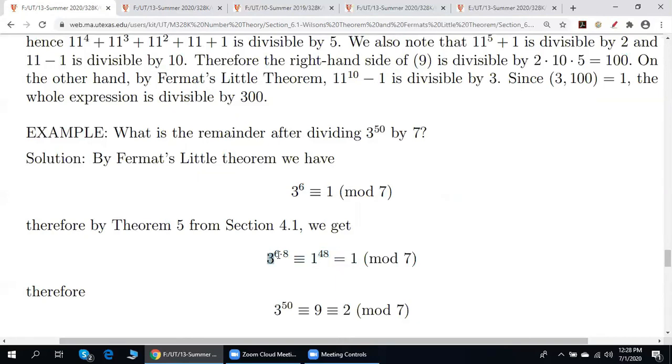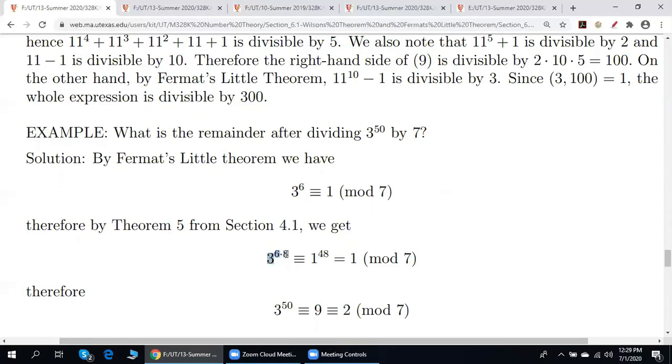3 to the power 48 is congruent to 1 modulo 7. But we need 3 to the power 50. What do we do? Well, just multiply both sides here by 3 square, by 9.